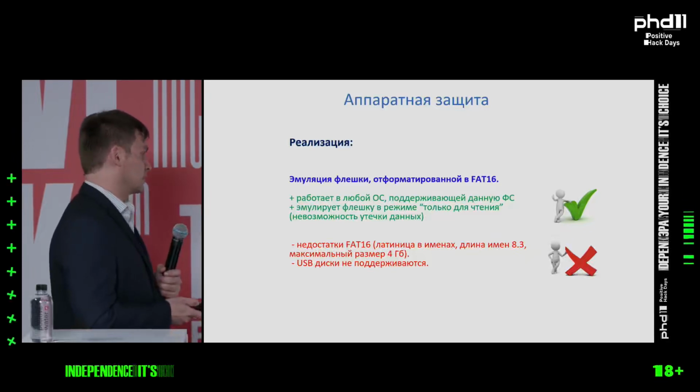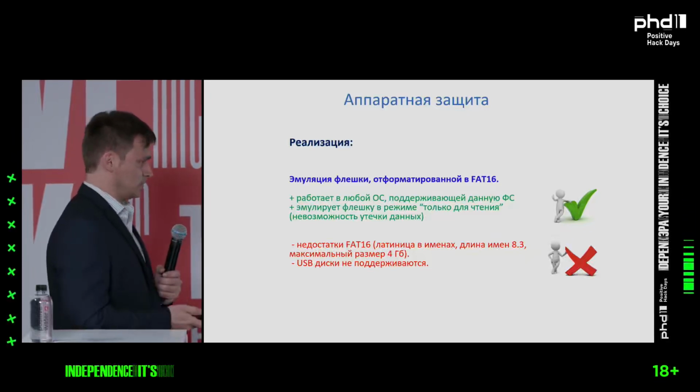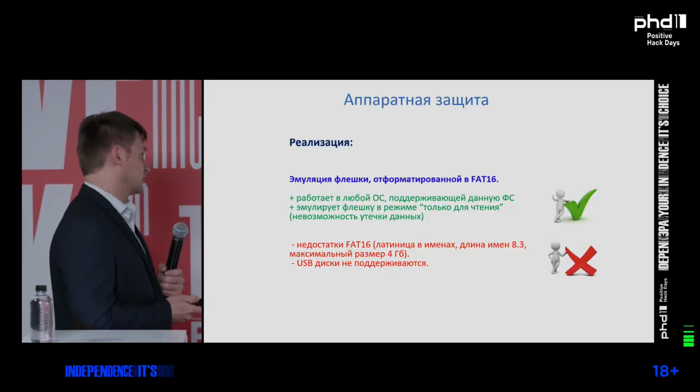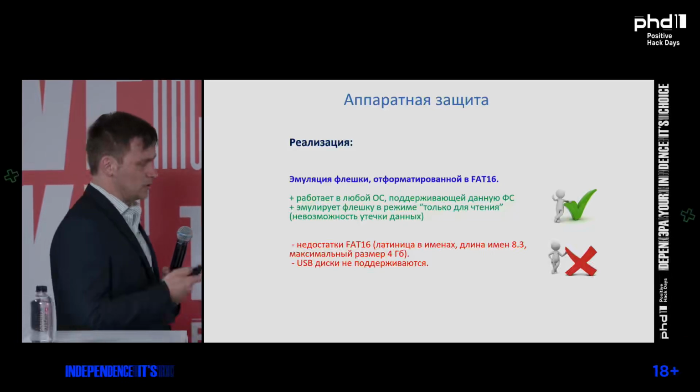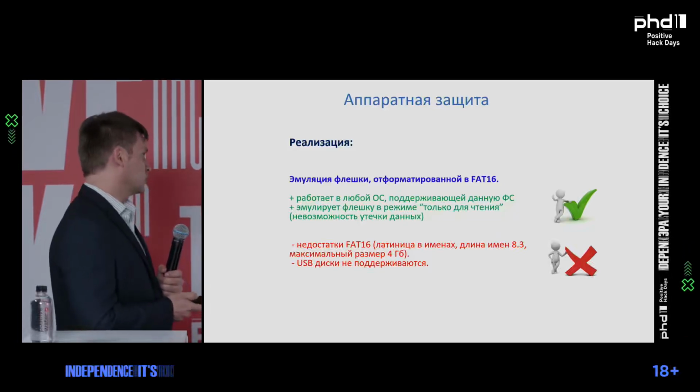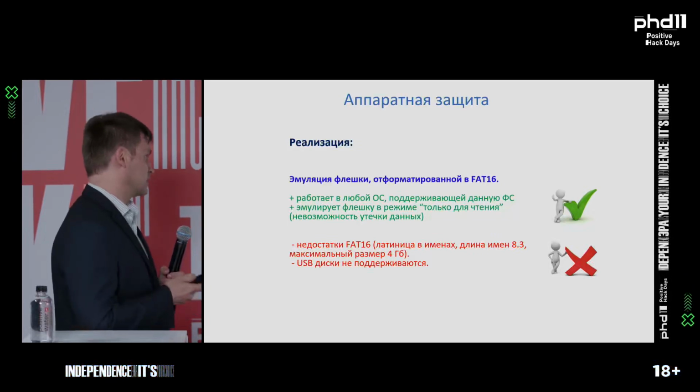We cannot use Cyrillic names, and the length of the file name is 8 characters plus 3 for the extension. And the maximum size is only 4 gigabytes, so large USB drives are not supported.